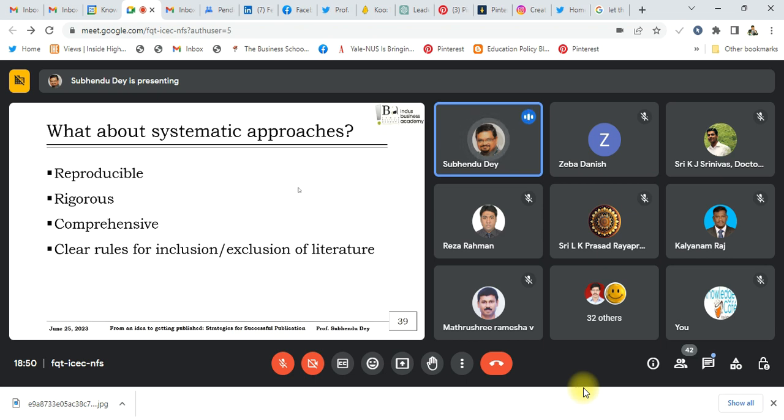A systematic search will attempt to identify all the studies, as I said, which would meet the required eligibility criteria. And an assessment of the validity of the findings of the included studies, and why you are not including certain studies. You remember the rubrics? We spoke about that there.